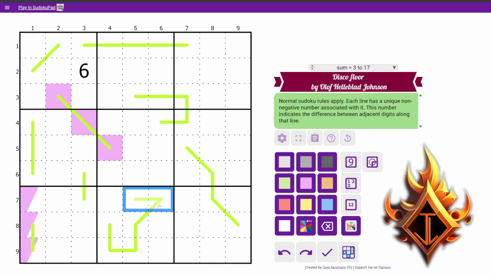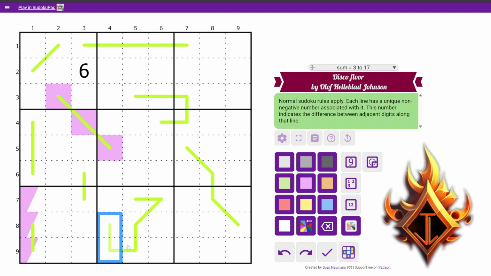What about this one? This one will have to be a difference of 1. So it's going to be a Renban, more or less, as it will be between adjacent digits too, though.